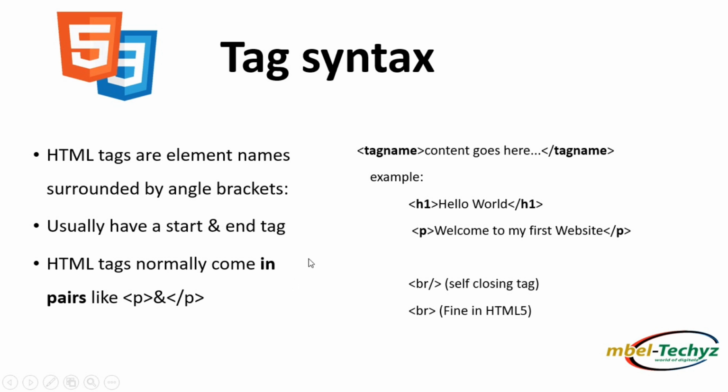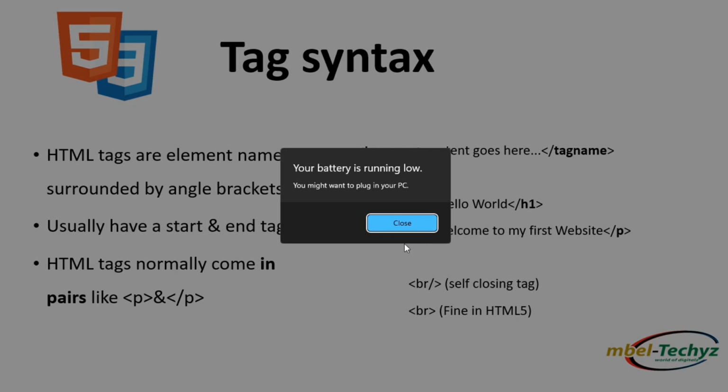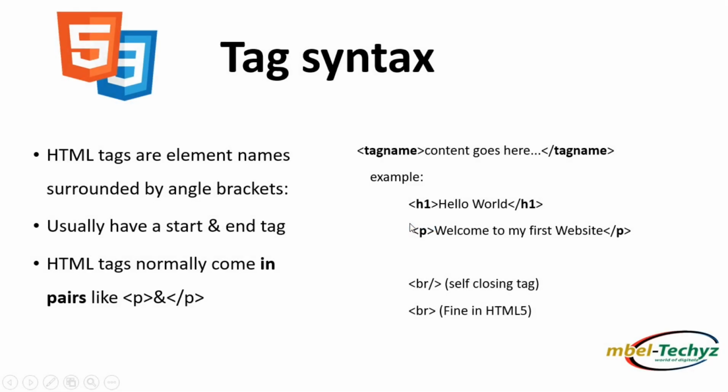Here we have the tag name, then the content in between the start tag and the end tag. The difference between the end tag and the start tag is that the end tag has a forward slash before the element name.